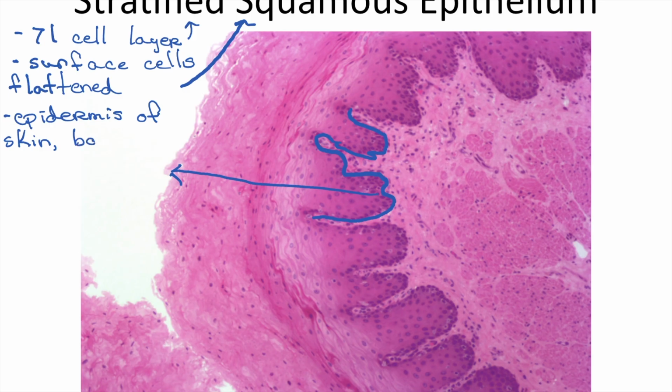The back of the throat, and around the anus. And these multiple layers of cells provide resistance to abrasion.